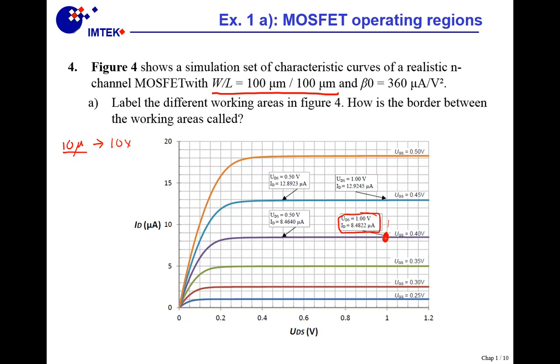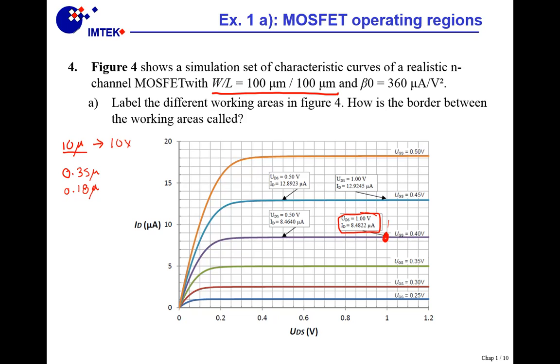Nevertheless, a 10 micrometer technology, I would say it's very old. So, for example, the technologies that we work with in the chair are 0.35 micrometer, and we also work with 0.18 micrometer.